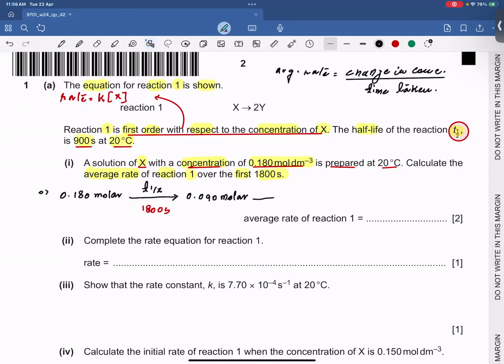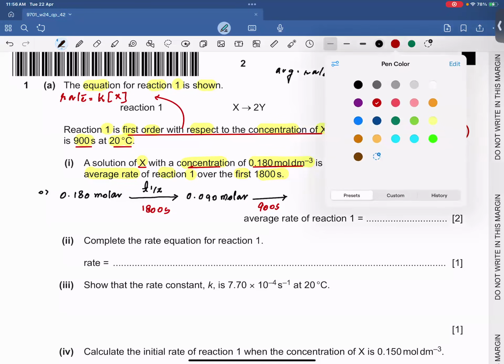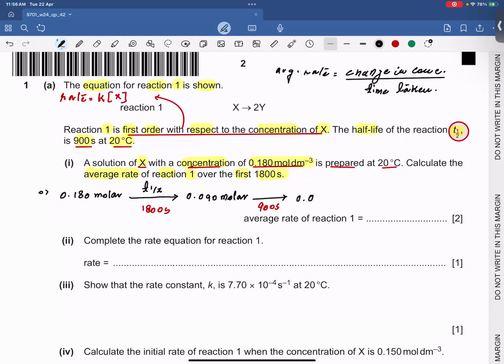Now if I halve this concentration again, at another 900 seconds, divided by 2, you will get 0.05 mole per dm cube.